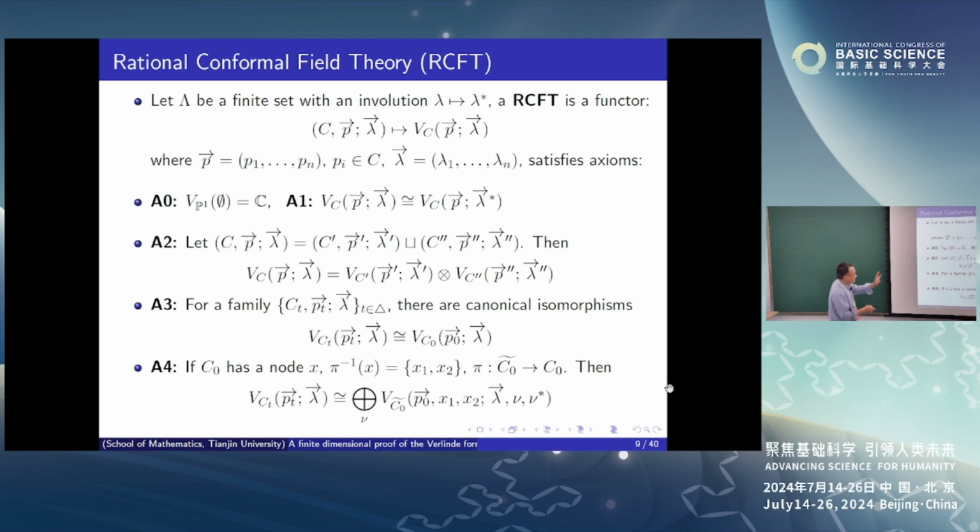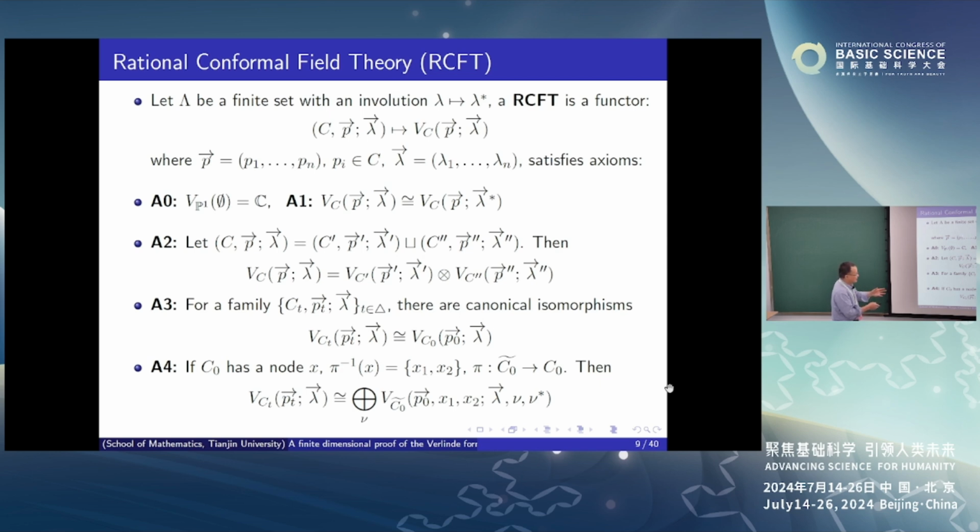I should not say this is a function. It's an association. You are given a stable curve and a finite number of small points, and each point corresponds to an element of lambda in this set.